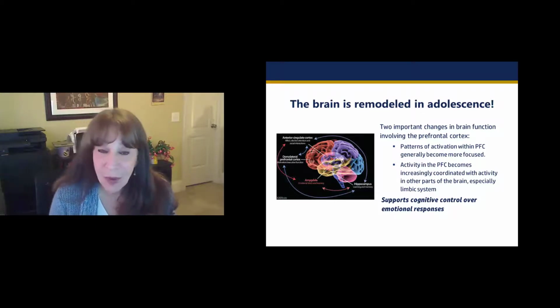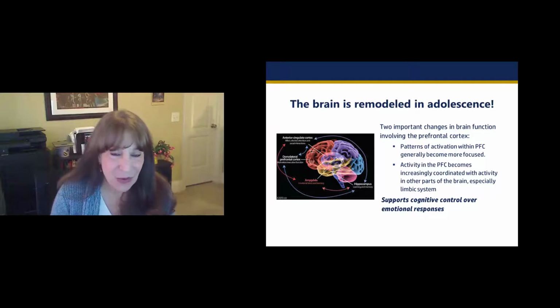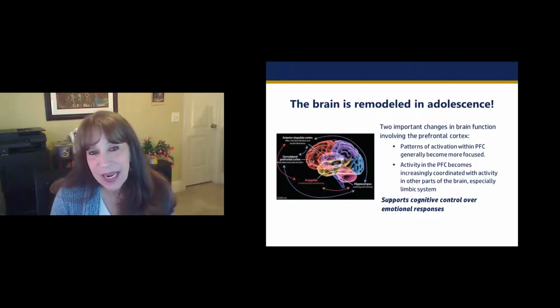It's a very exciting time for researchers, because the brain is literally remodeled in adolescence. That's why I kept saying those things need to be in place before age 11, because now there's remodeling and you need to have the scaffolding there in order for it to be remodeled appropriately.